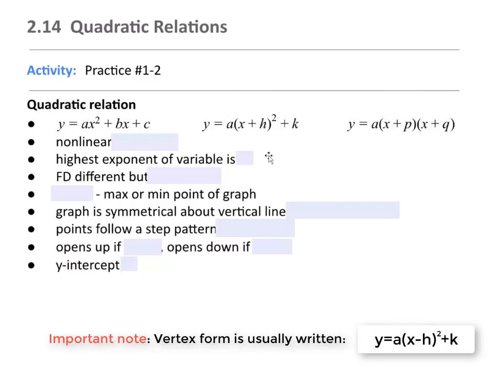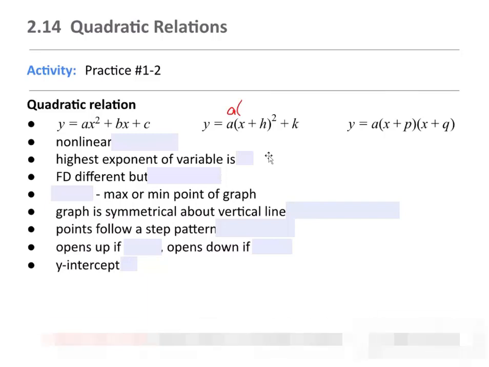For this, I would actually write it as, oh, my pen's off. Ready to go. Perfect. A x minus h squared plus k. I don't like the plus, just because it makes it a little bit more complicated when you're trying to figure out what your vertex is.